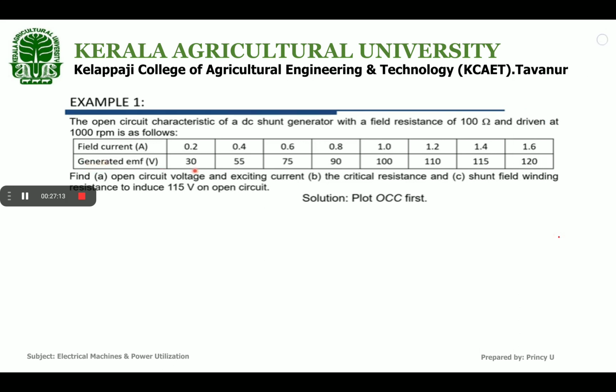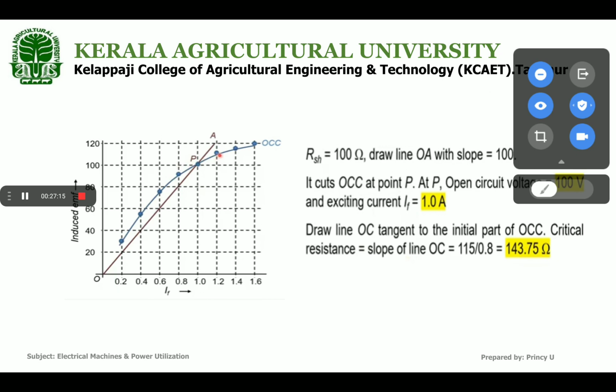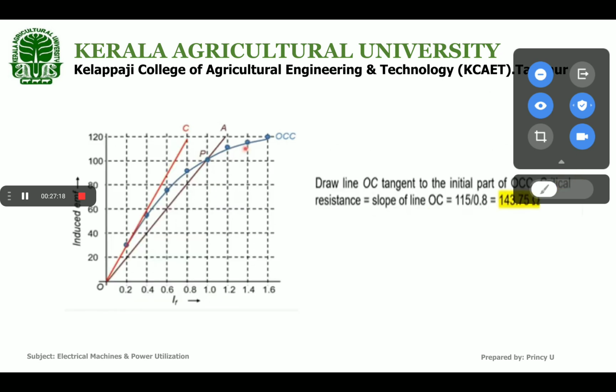So here you have drawn the OCC. This OCC curve touches here and the corresponding value. We have found this shunt field value of almost 115 and 0.8. So you got that RC as 143.75 ohm.